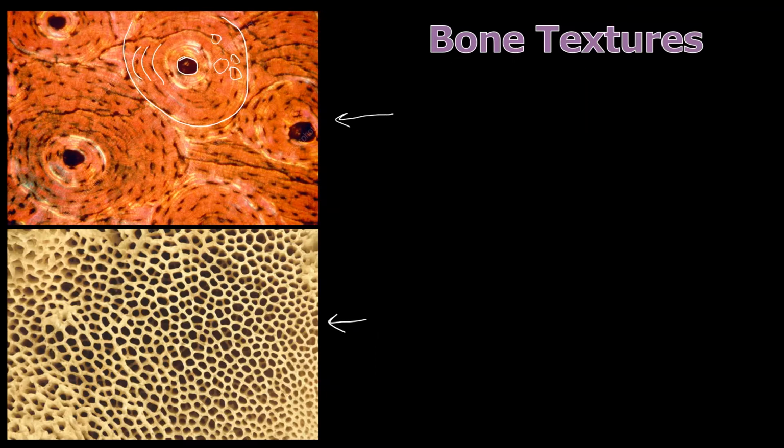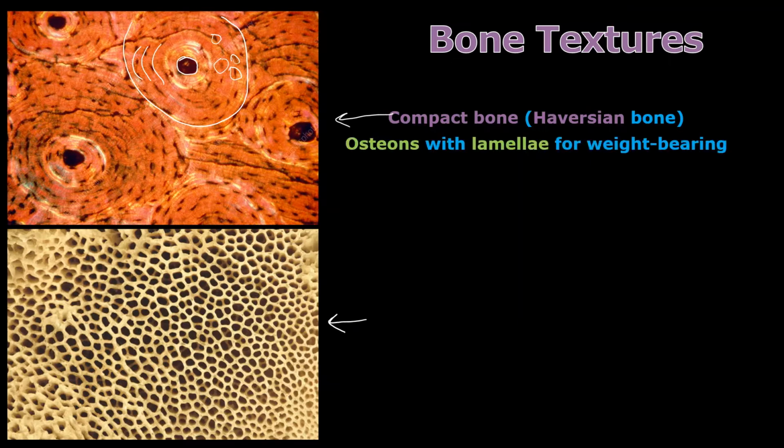It looks like there's little beams of bone and quite large holes in between the beams, much like a honeycomb network. So let's take a peek here. The top is our compact bone, or sometimes we call it Haversian bone because it uses the system known as the Haversian system, which we're going to get into a little bit more in a minute.